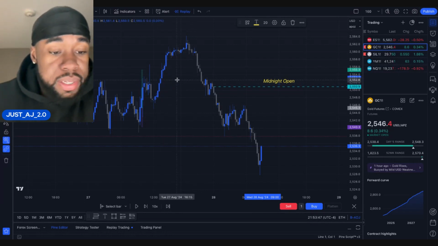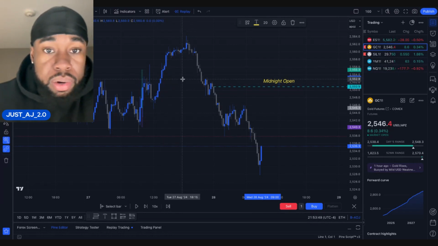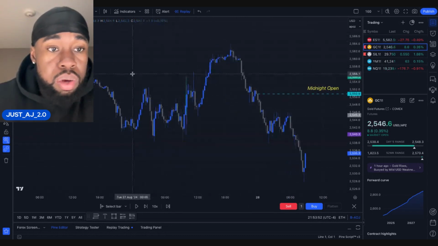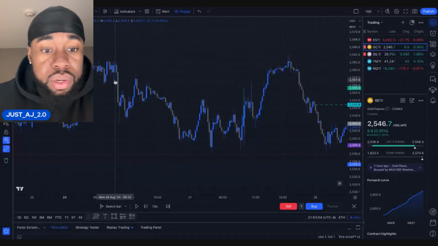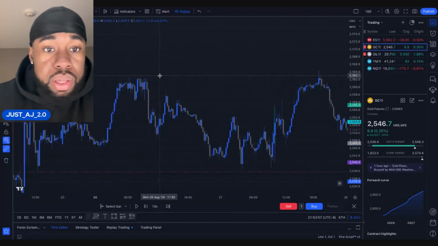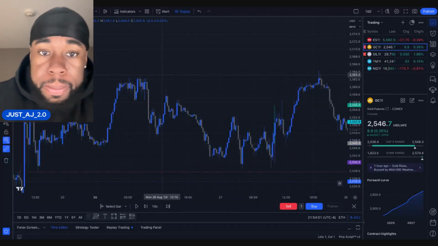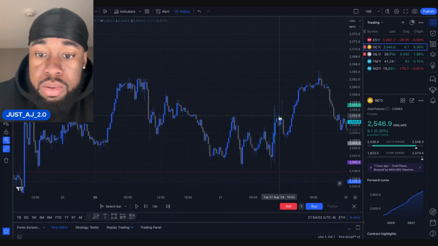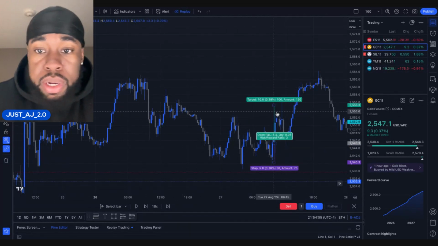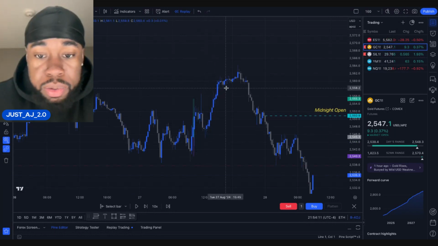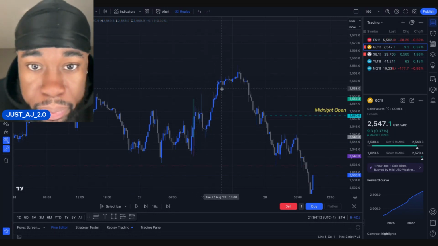Now, previous day's high. Where are we at here? Let's see here. What was the high for the day? This is Monday. This is the high for Tuesday. We want to find Tuesday's high and plot it.